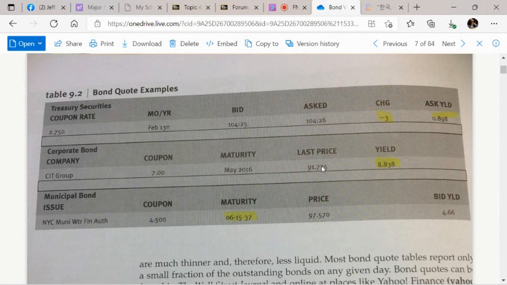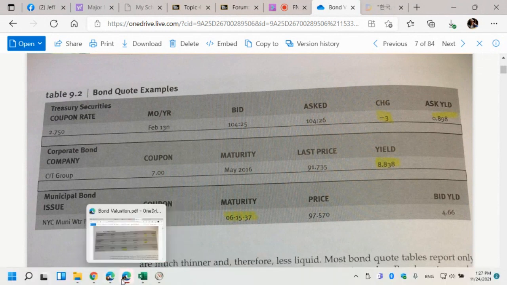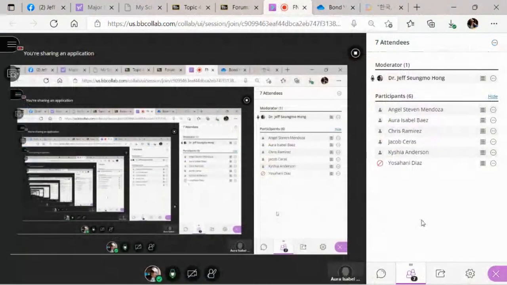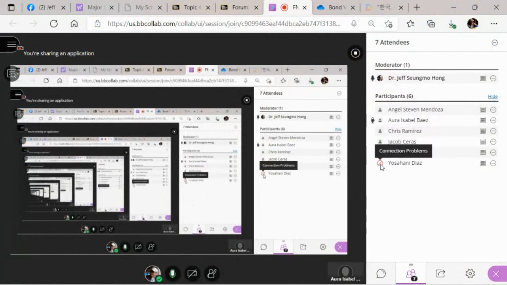And does anyone remember what is the face value of the bond? Anyone? Aura, you can answer the question. What is the face value of the bond? Is it 1,000? Yes, $1,000.